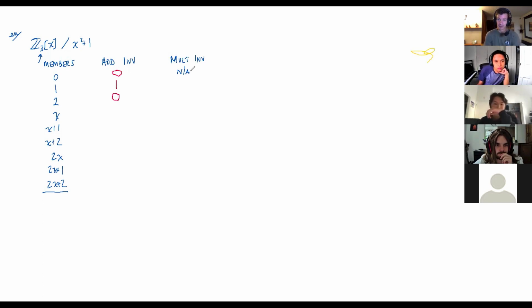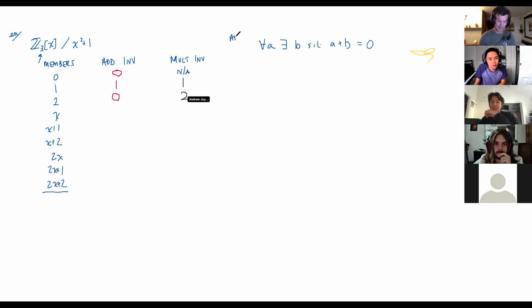So remember what the definition of an additive inverse is. For every member of the field, there exists another member of the field such that A plus B equals 0. So this is the definition of an additive inverse. There we go.